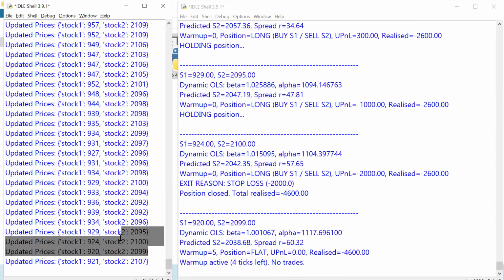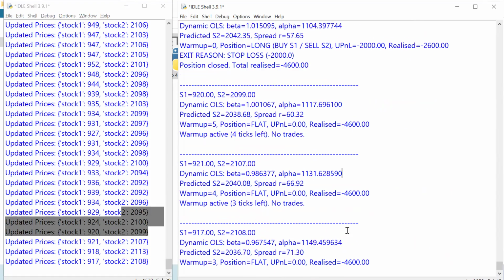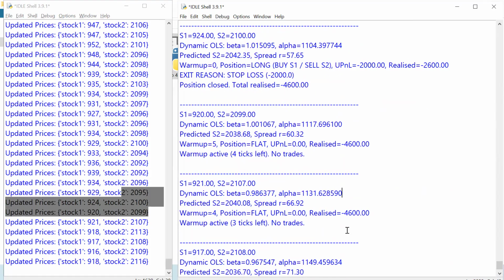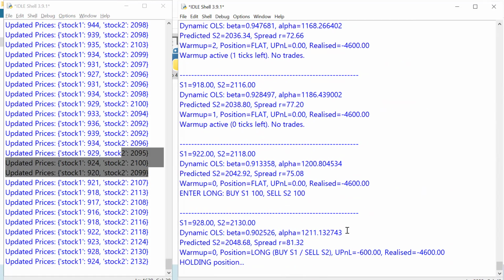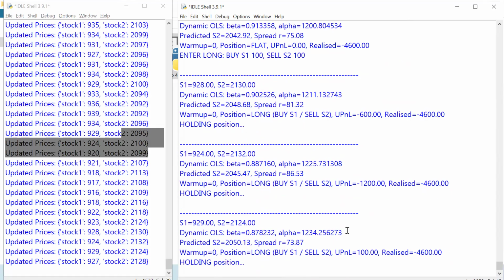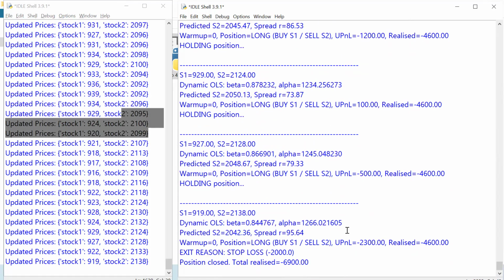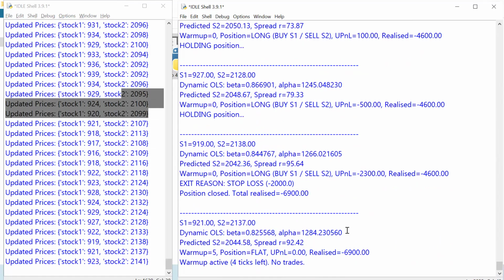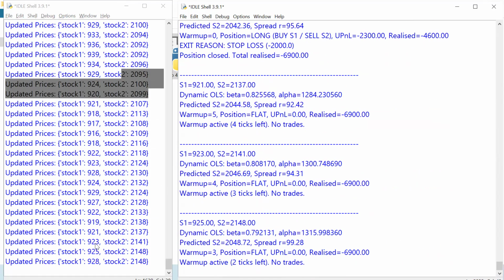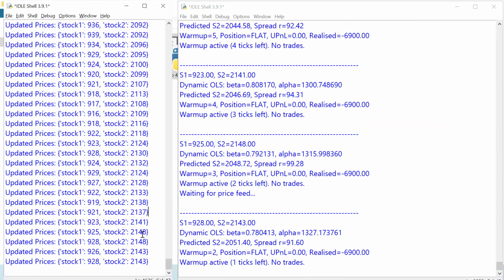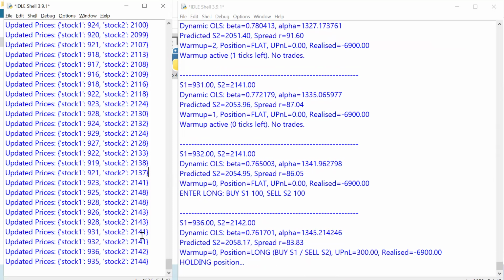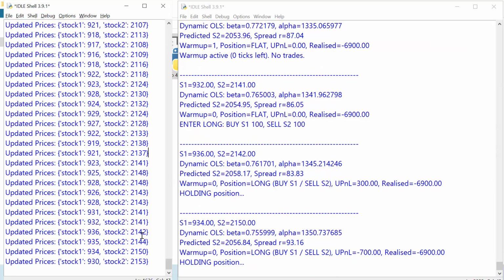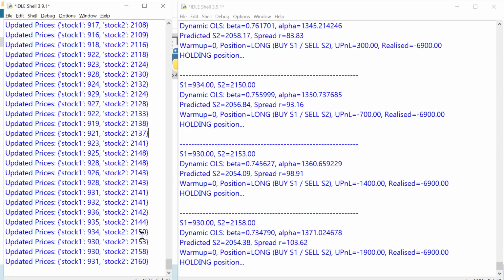This is in the increasing mode. Okay, I think we book the loss. Okay, we got one more loss because this is continuously falling. It is not following the rule of S2 following S1. Again, buy S1, sell S2.